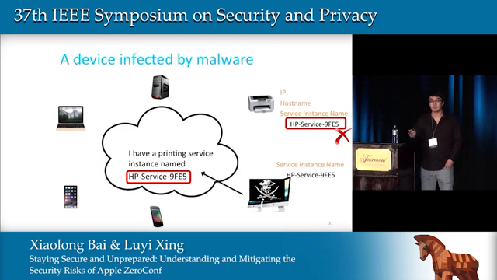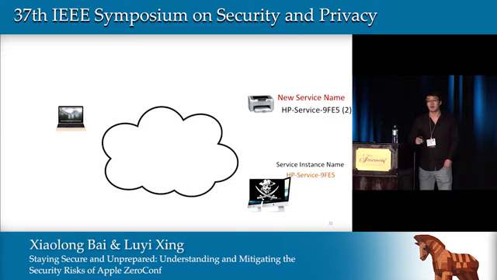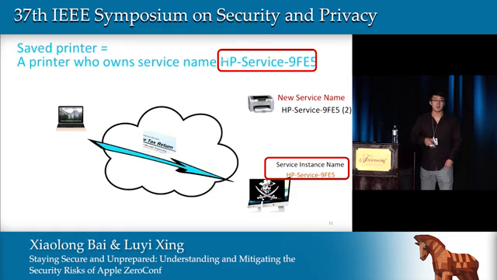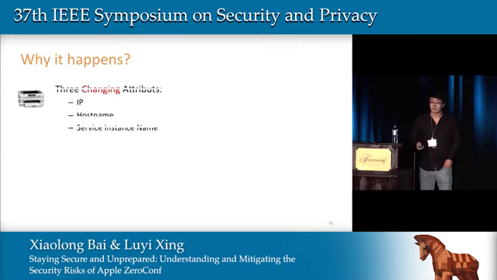So the printer, following the Bonjour protocol, will configure itself again and change to a new service name. Recall our previous equation. Your saved printer means a printer who owns this service name. So when you print to your saved printer, you actually print to the adversary's device, and the malicious device becomes the man in the middle.